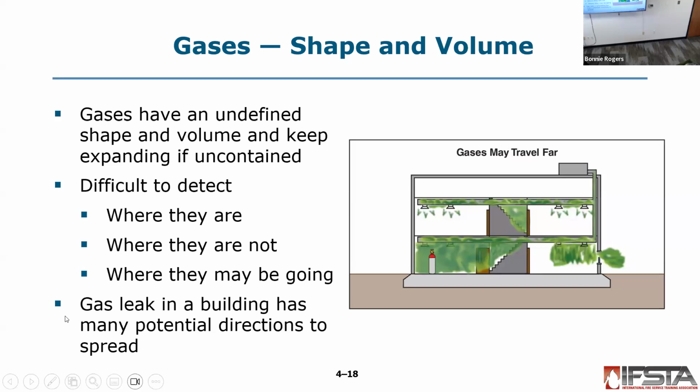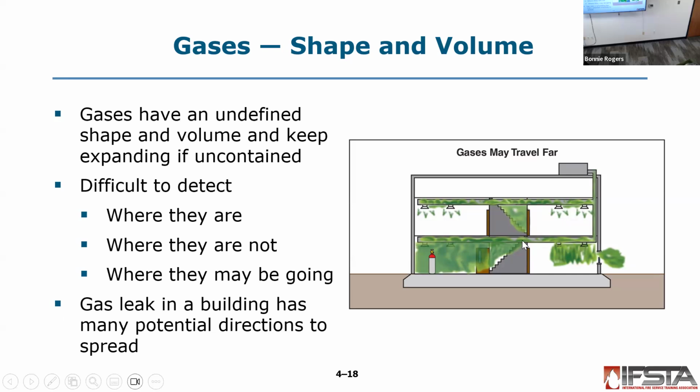We talked about gas having an undefined shape and volume, and if uncontained, they continue to expand. They'll be difficult to detect. Solids and liquids we can pretty much see, where gases may not.